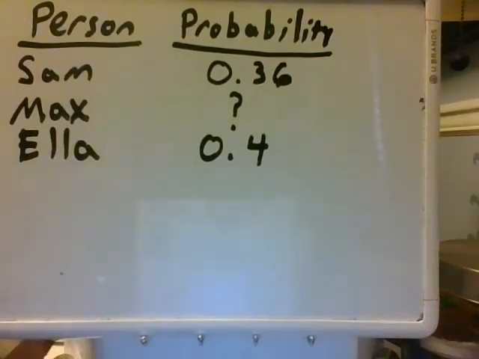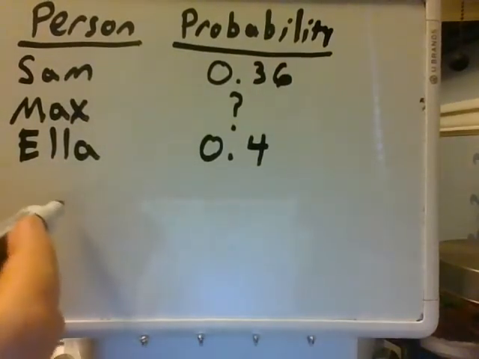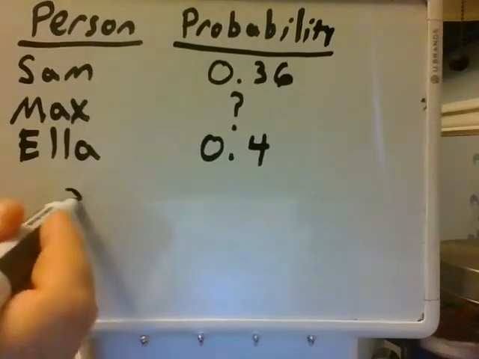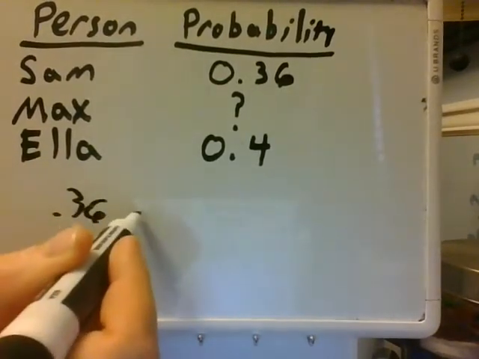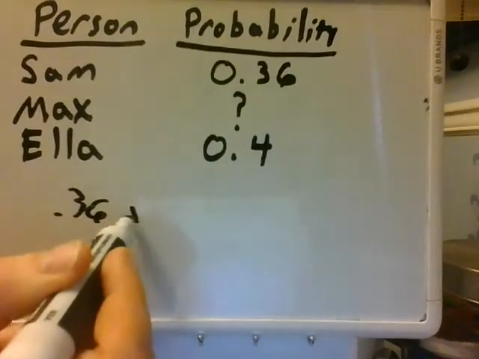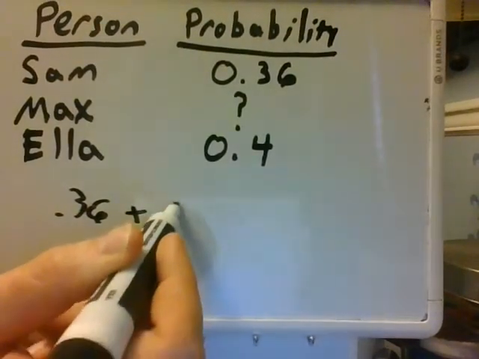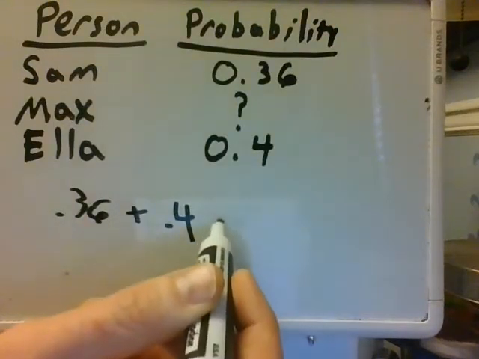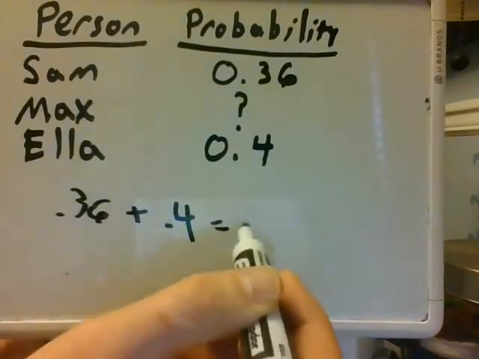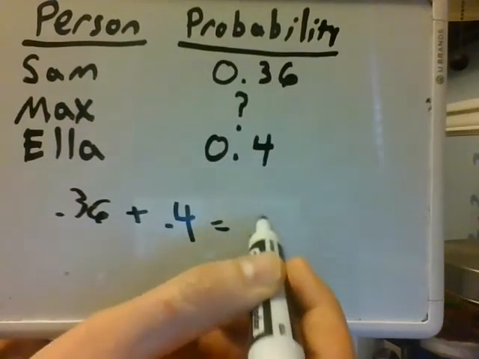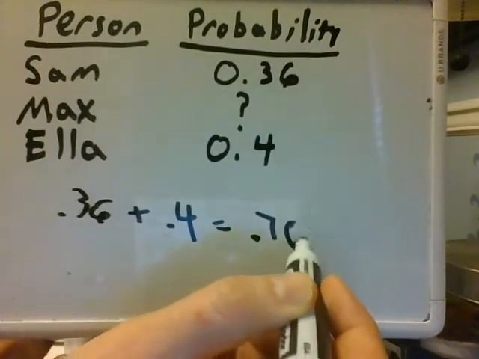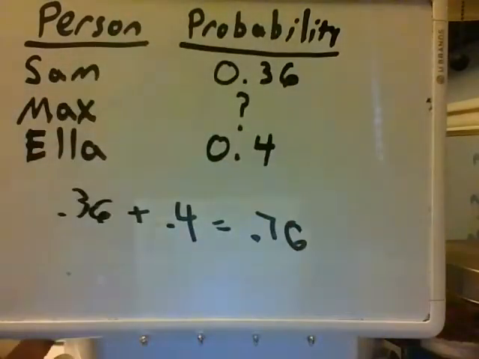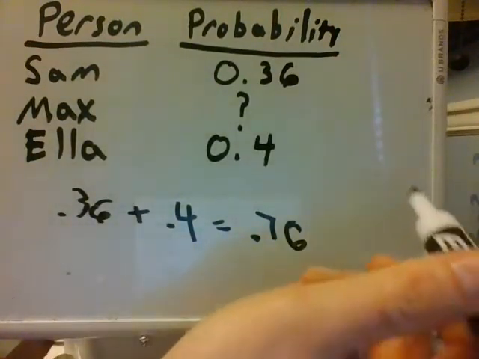To do that, you're going to take 0.36 and 0.4 and add them up first. That's 0.76. The total probability has to add up to 1, so what I have to do is subtract from 1.